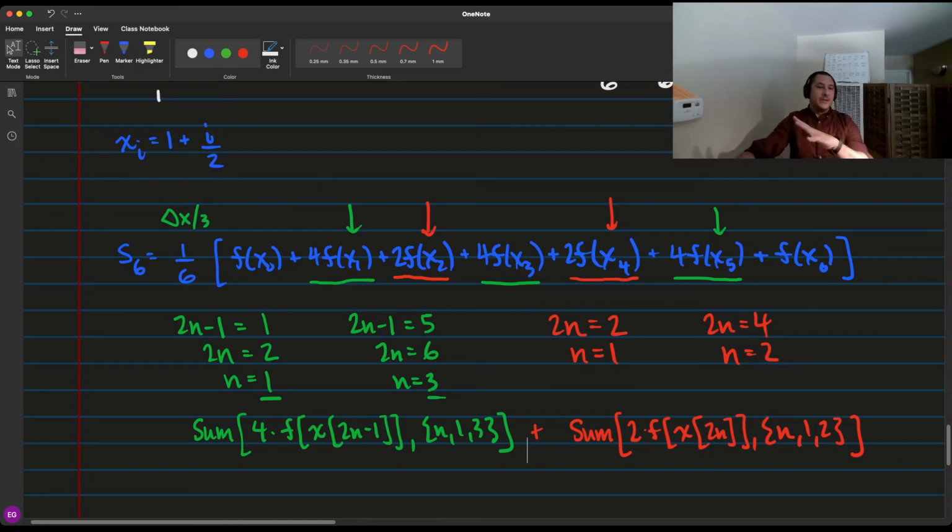So I'm going to pause and leave that there for a moment. Because really what you're doing is just finding the beginning and ending index to add up those odd terms and to add up those even terms. So you just set your 2n minus 1 equal to the start and the end. The start one's always going to be 1. I'll just tell you that. You really only need to solve for the ending one.